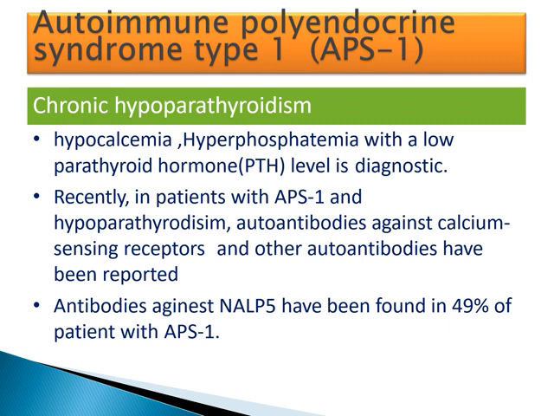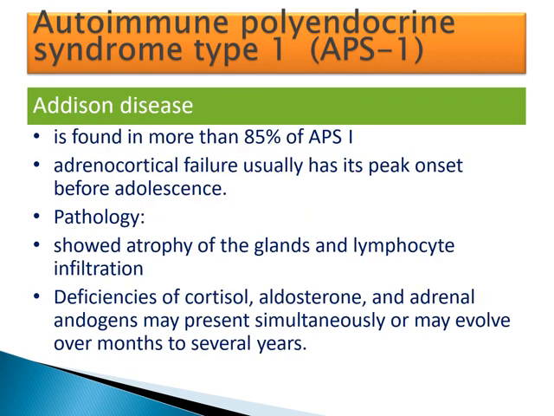Now coming to the third one, a part of APS is Addison's disease, found in more than 85% of APS1 patients. Adrenocortical failure usually has its peak onset before adolescence, and histopathology shows atrophy of the glands and lymphocyte infiltration. Deficiencies of cortisol, aldosterone, and adrenal androgens may present simultaneously or may evolve over months to several years.